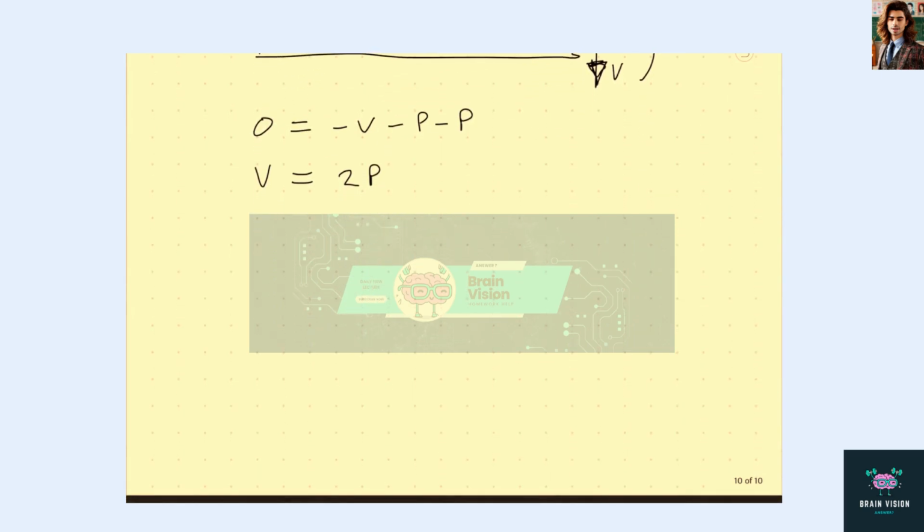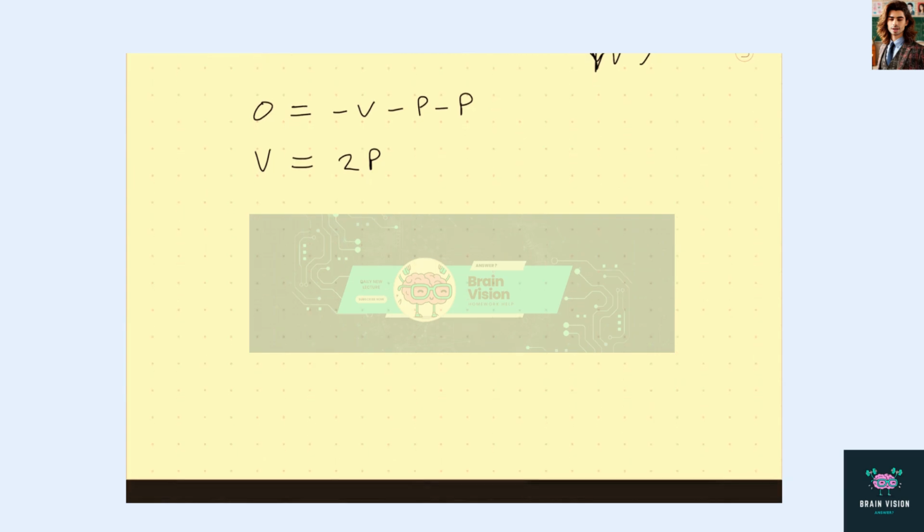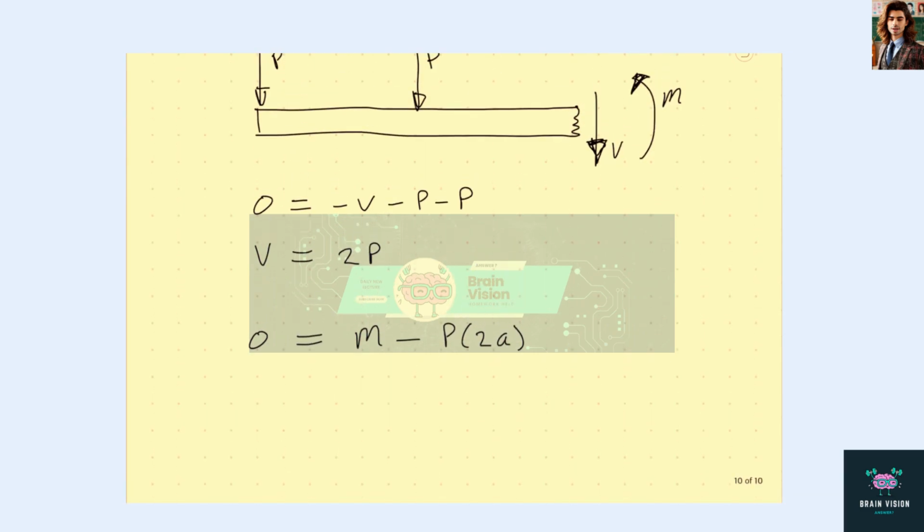Okay. Now, to find our moment, we're going to be subtracting P times 2A, so the total length. And then we have another negative moment from the second P, multiplied just by the length of A, right there.